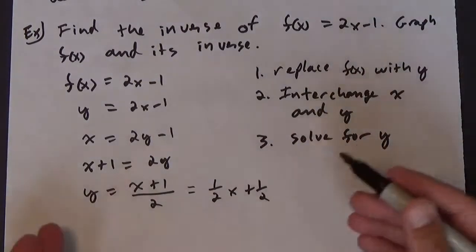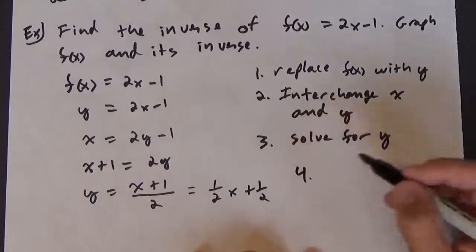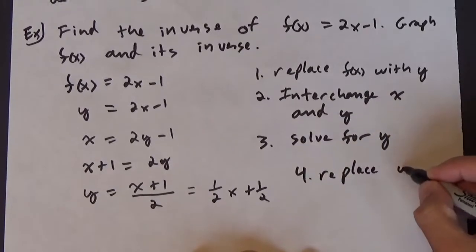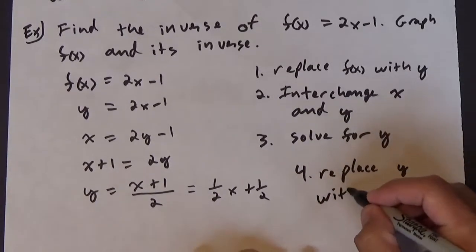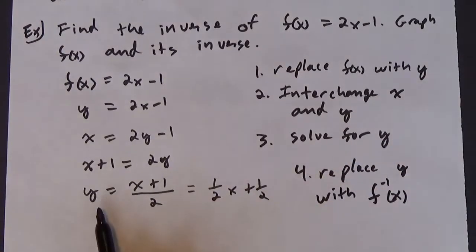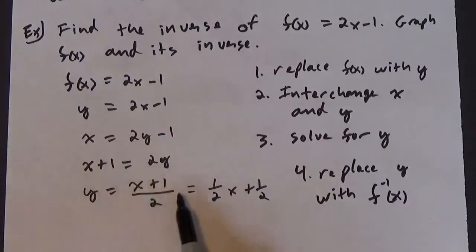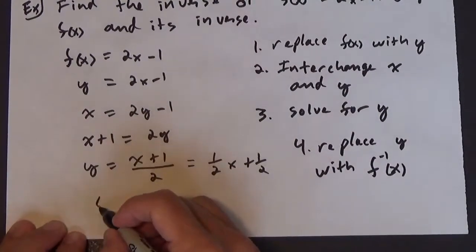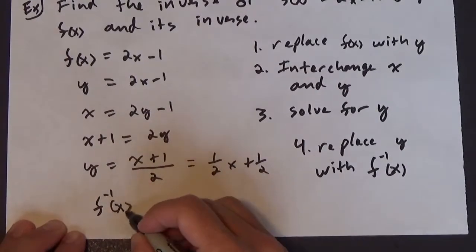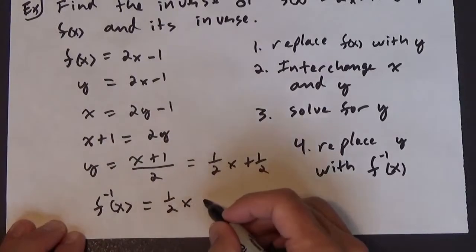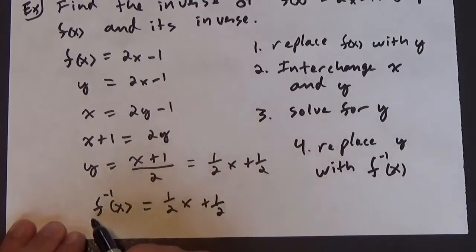Now that you get this part, step 4, this one's easy again: we're going to replace y with f inverse of x. Because once we've solved for y, this is the inverse of the original function. So we end up with f inverse of x equals, I'm going to use this one, 1/2 x plus 1/2.